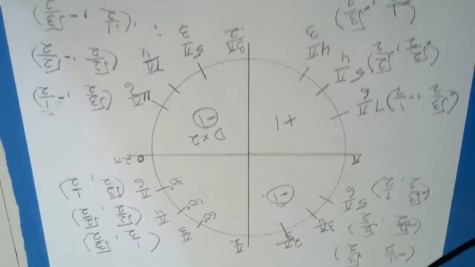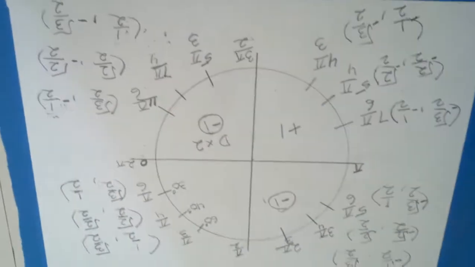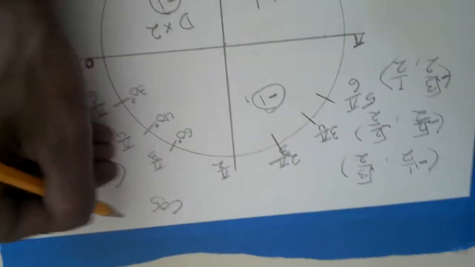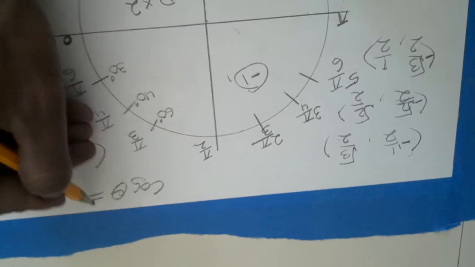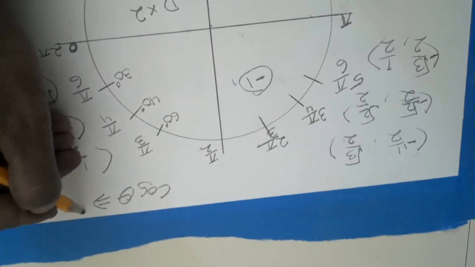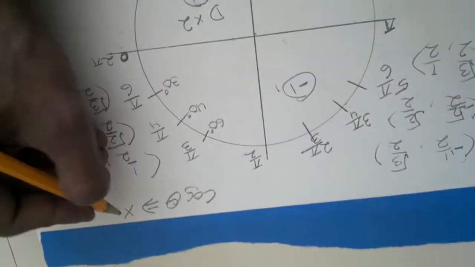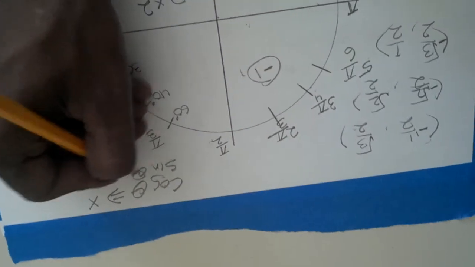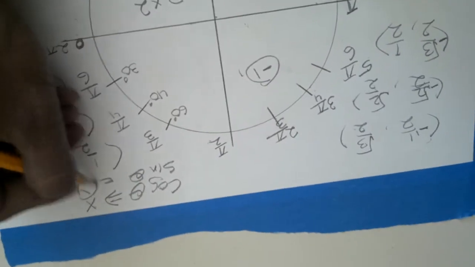And there it is. All of the radians and their values in less than 5 minutes. Just remember, cos theta is talking about our x values, and sine theta is talking about our y values.